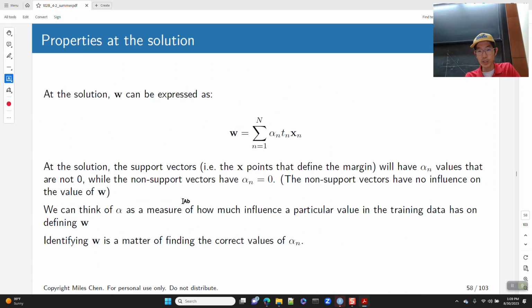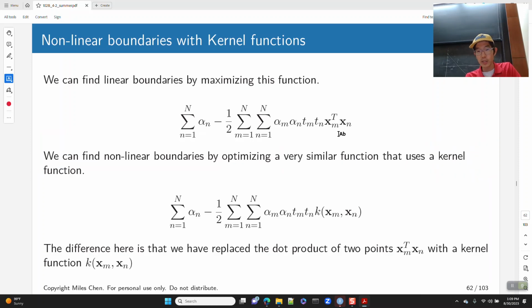And that's what we're seeing here in this xm transpose xn: it's comparing every single point m to every single point n to figure out which 2 points are going to be the ones on the boundary.